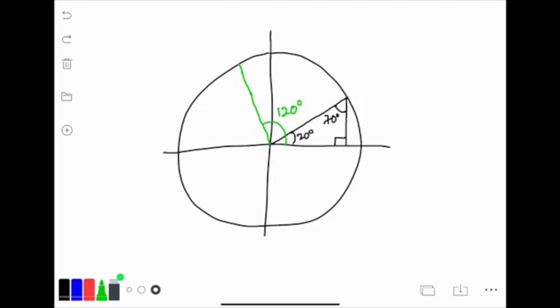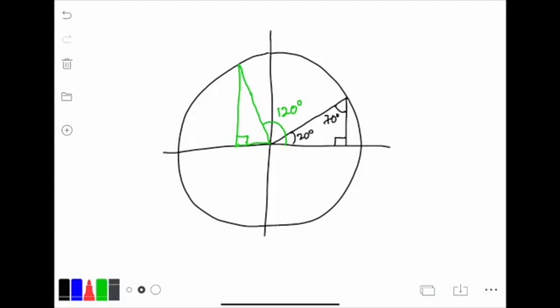So, same thing that we did here in the first right triangle, we're going to bring one of the legs down from the circle straight down to the x-axis. Notice right now we have a right triangle. So when we're working with 120 degrees, in reality, we're going to be referring to this right triangle here in green.